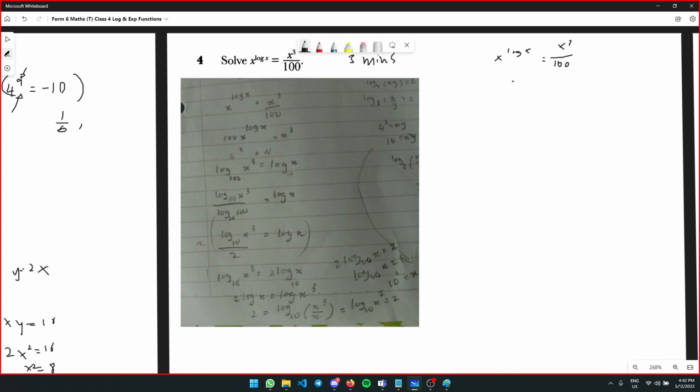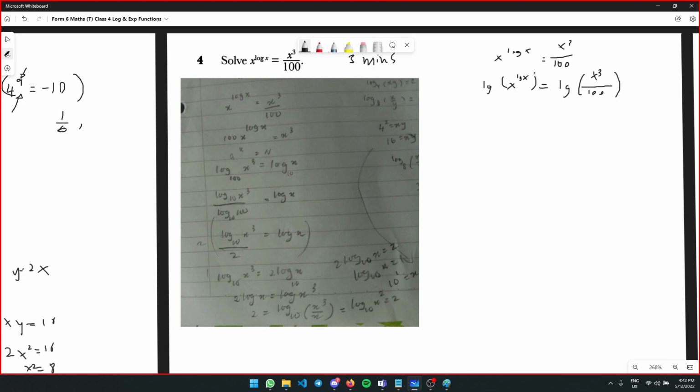So this is how I would solve this question. I would add another log into it. So I'll log the whole thing: log of x to the power of log x equals log of x cubed over 100.